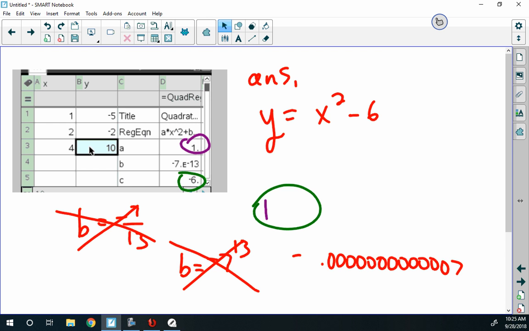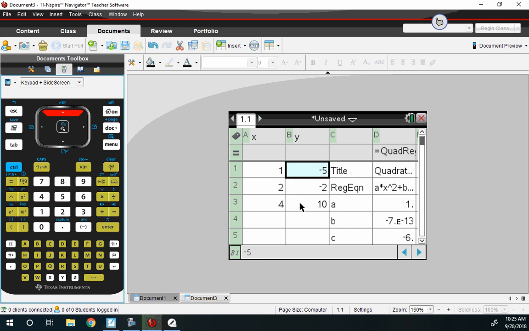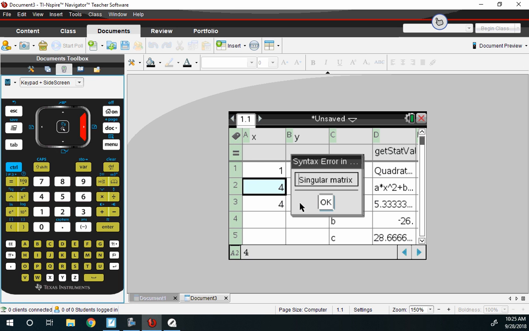So we got 1, 8. We got 4, 17. And we got -4, -7. So maybe we should go through this whole process from scratch, or maybe we could practice that again on Monday. So we got 1, 8, 4, 17, singular matrix.